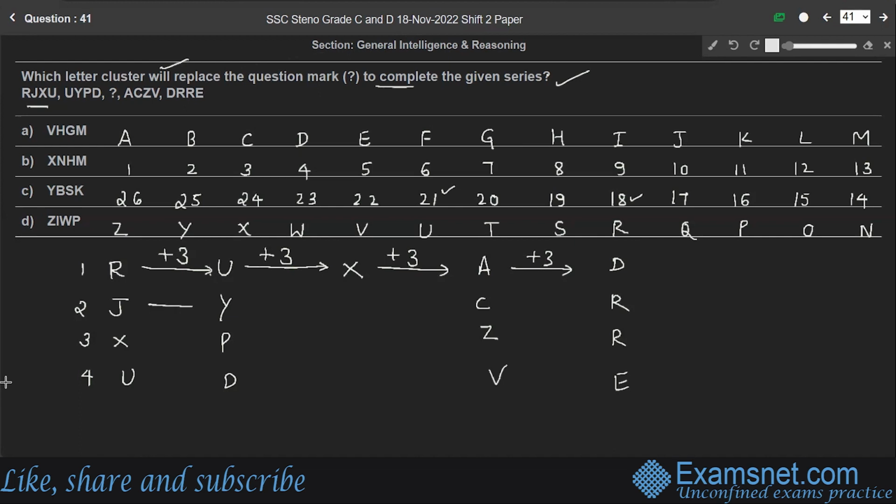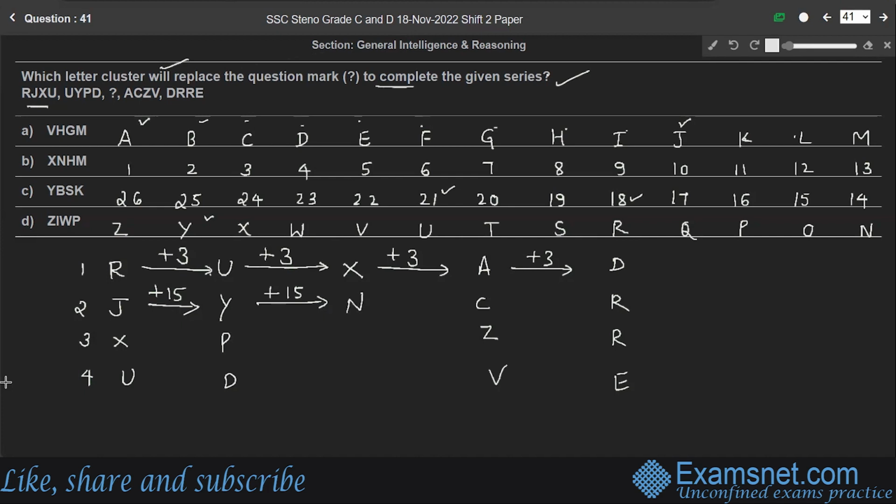So we'll consider all second letters. A relation between J and Y: J is 10, Y is 25, right? Therefore, J plus 15 is Y. Therefore, Y plus 15: Y is 25, plus 1 is Z, plus 2 is A, and so on up to 15.